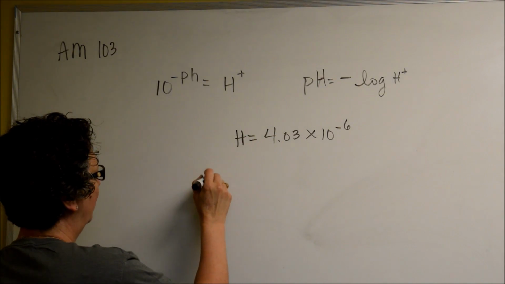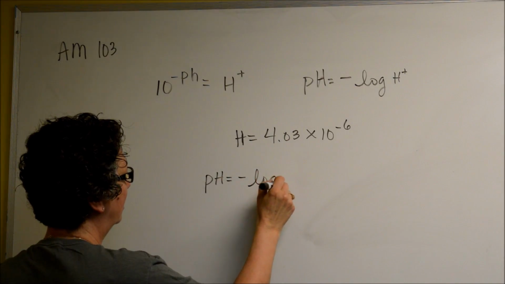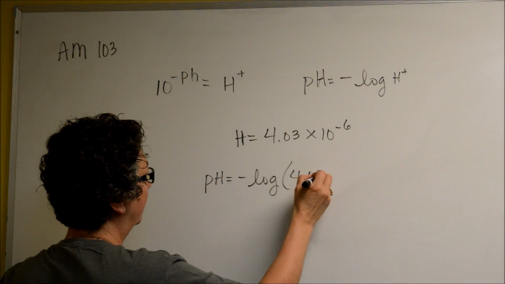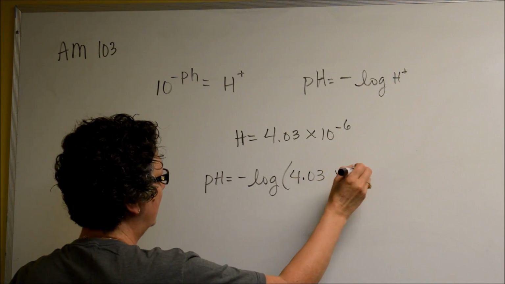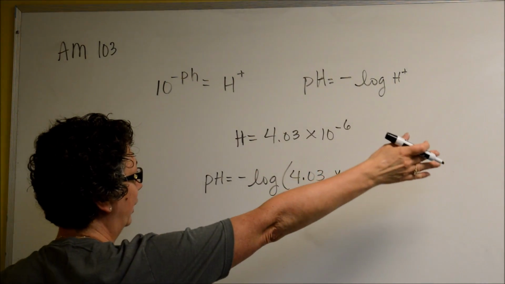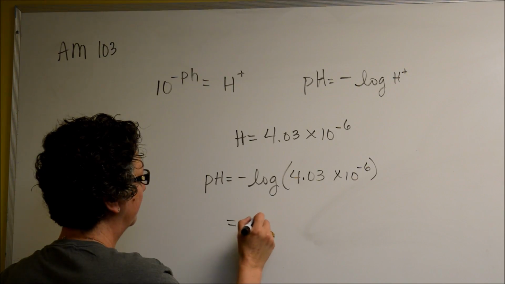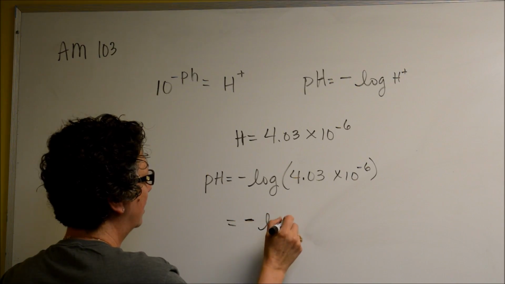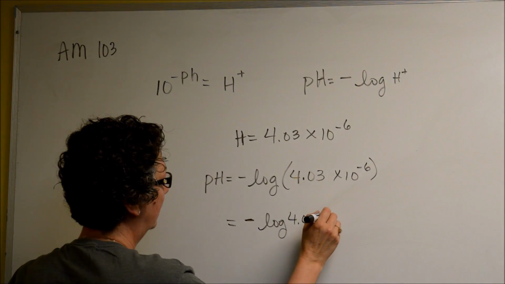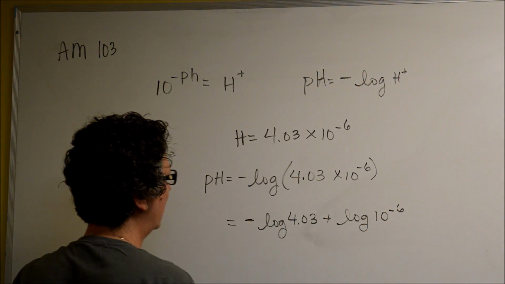So pH is equal to the opposite of the log of 4.03 times 10 to the negative 6, which means, remember those log rules, is the opposite of the log of 4.03 plus the log of 10 to the negative 6.